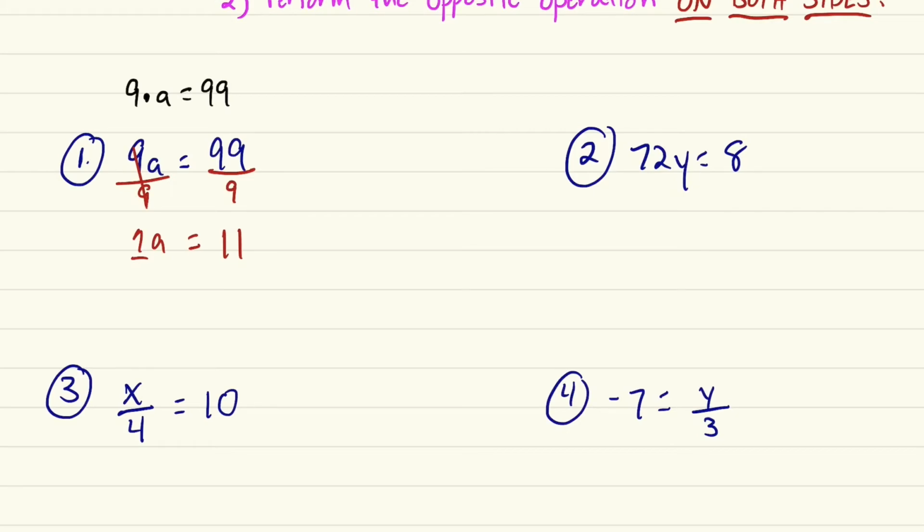You just need to understand that if you have a, you have 1a. If you had more than 1a, it would be 2a or 3a or even negative 7a. But if it's just 1, then you will not see the number 1 written. Instead, it will look like this: a equals 11.